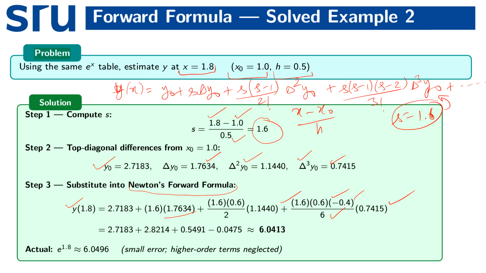You can use the calculator to calculate all this. After calculation, you'll find that the value of y 1.8 is 6.0413.